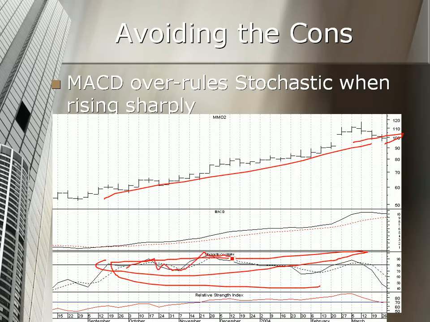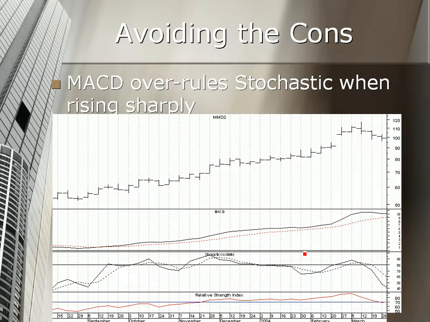And one of the rules that I use is if I see the MACD rising sharply, and by that I mean you've got a smooth upward trend in the signal line and in the MACD line, and then the signal line, which is the dotted red one, is quite distant from it. Both are moving upwards, not sideways or downwards.